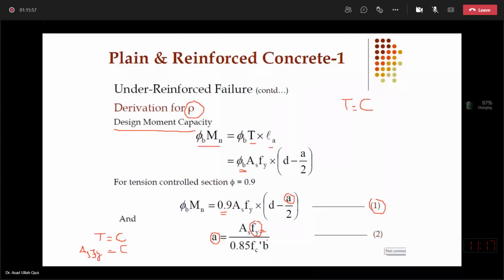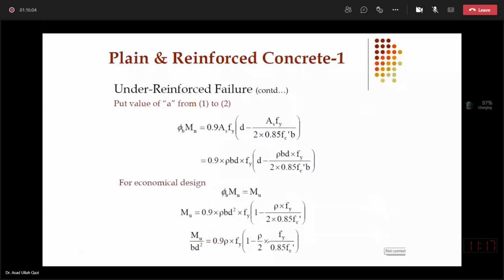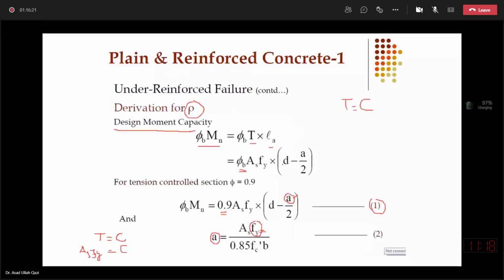So in this way, when I substitute a with this value, putting a in equation 1, what I will get here is AsFy divided by 0.85 fc prime b into 2.